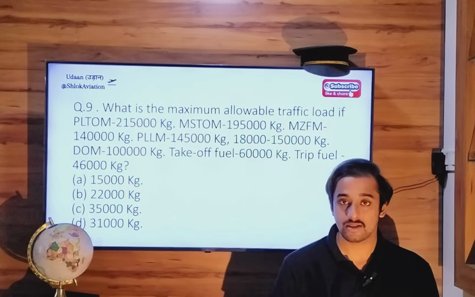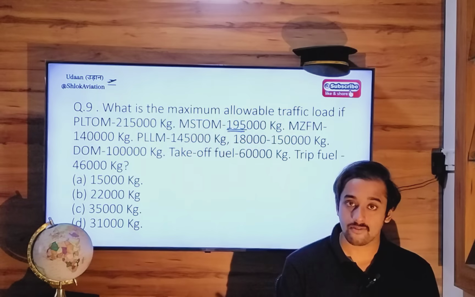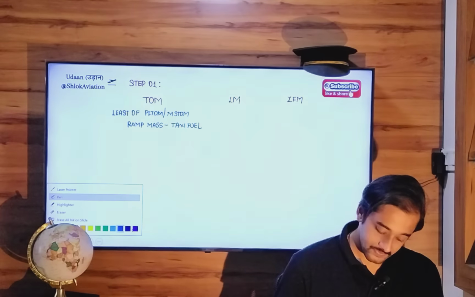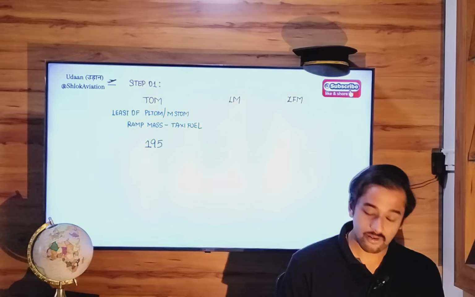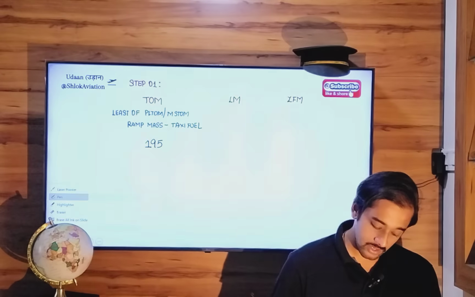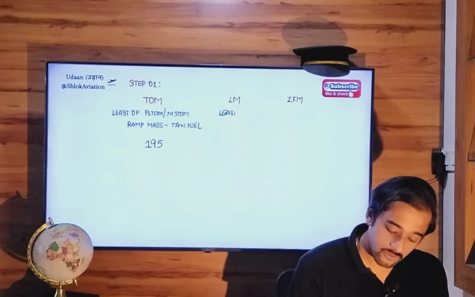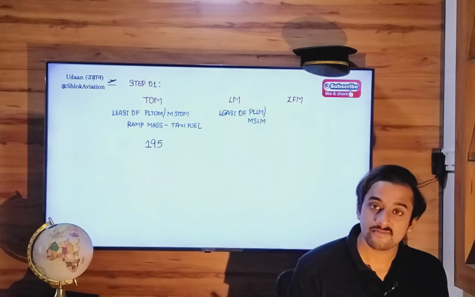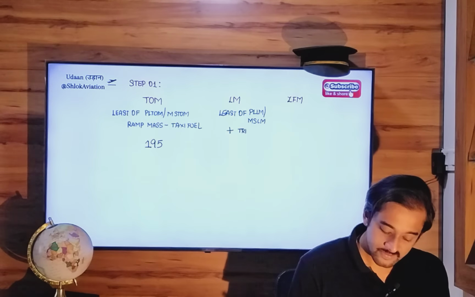The lesser value between them is 195, so you'll select that, 195 here. Now in the landing mass column, you have to select a value which is the least of performance limited landing mass and maximum structural landing mass, and then to that you have to add trip fuel.